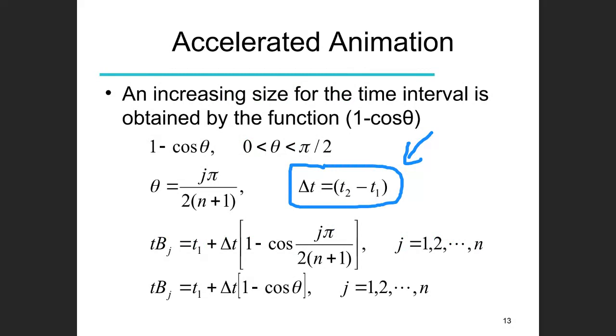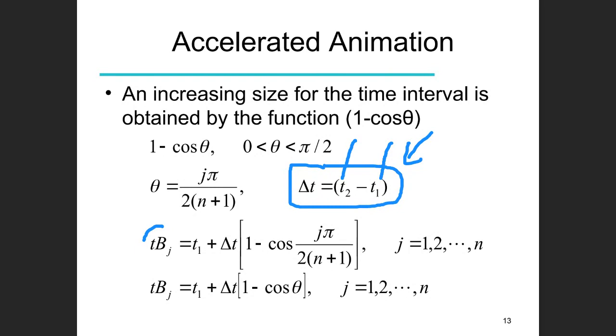The first keyframe we show at the time t1, and the second keyframe at the time t2. And then we have to calculate the time for the jth in between frame. j can be any number from 1 to n. So initially j will be 1, then 2, then 3, until n.